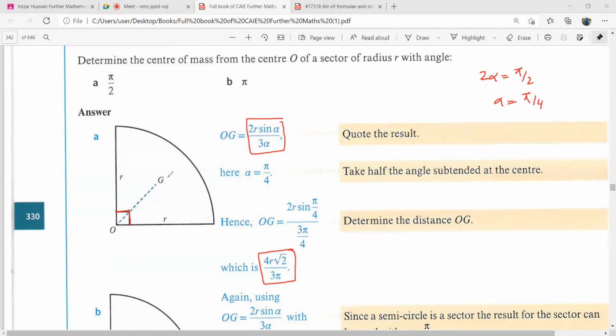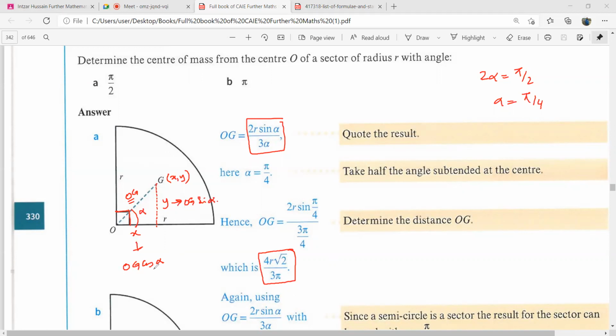But suppose we want the coordinates of this center of mass. Then you will have to use a bit of trigonometry. If this is your x, this is your y, this is your alpha, and you have this OG, this x would be OG cos alpha, and this y would be OG sine alpha.